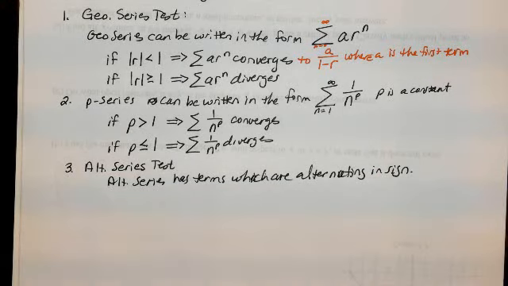Okay? Alternating series test is only a test for convergence. Okay? The only thing we use it for is convergence. Okay? And here's what makes an alternating series converge. All right?